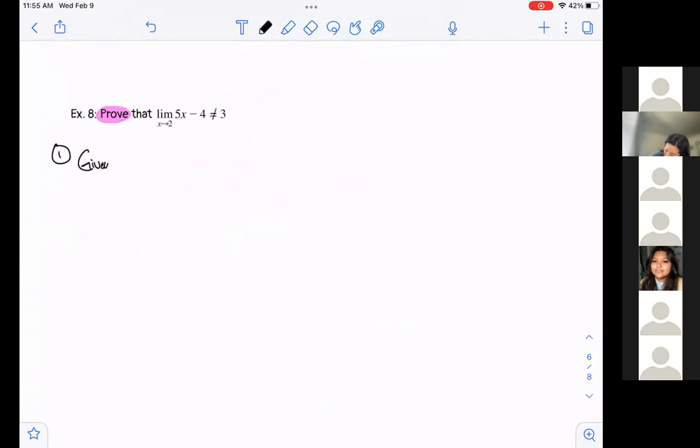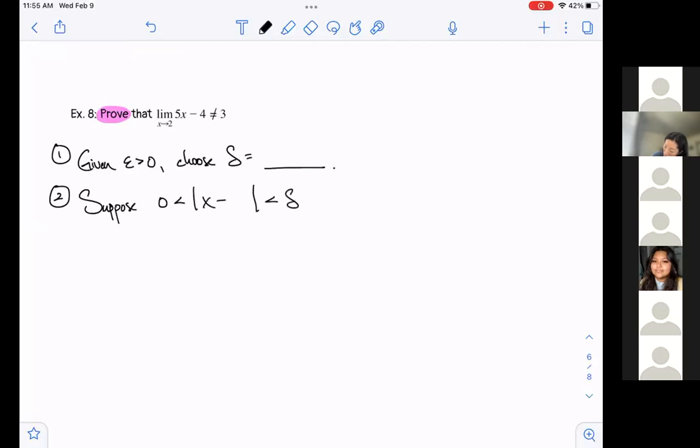Given epsilon greater than 0, we choose delta to equal something. And so if we suppose that 0 is less than the absolute value of x minus a, which is less than delta, what would we put in for the a value here?